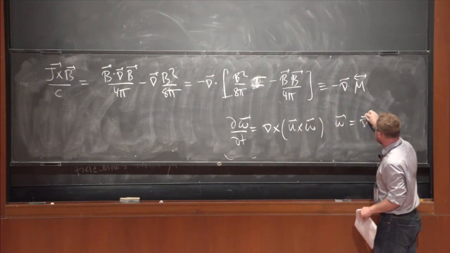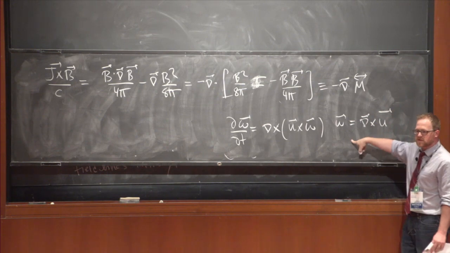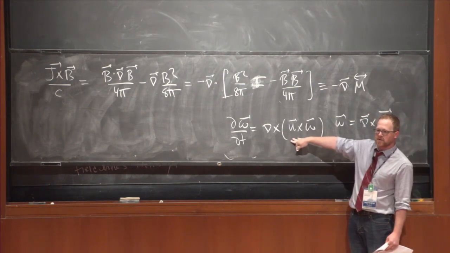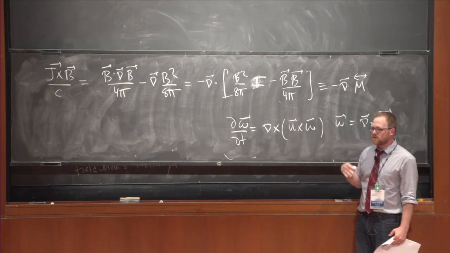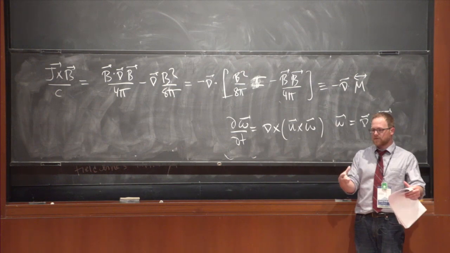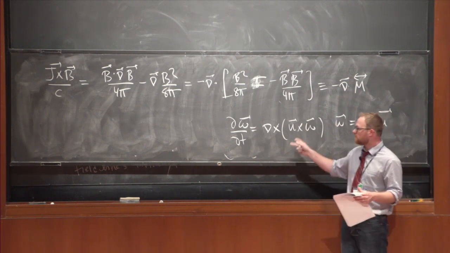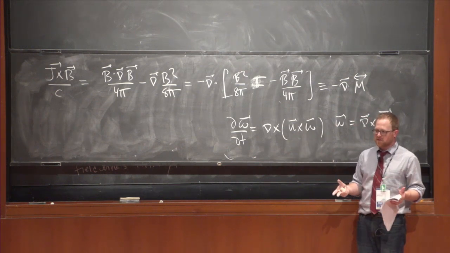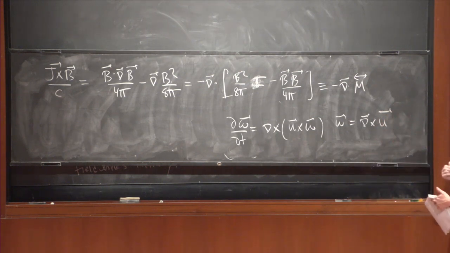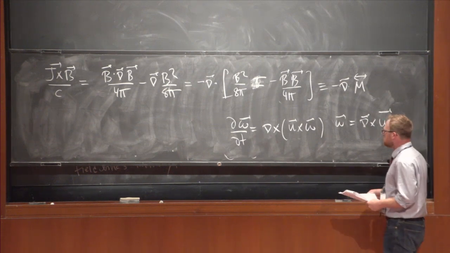If omega is the curl of U, this is called the vorticity, and it satisfies an equation that looks identical to the ideal MHD induction equation. So you have the same sort of principles where the amount of vorticity in a fluid element as it's carried around by some flow is conserved. It's like a Kelvin circulation theorem, and Alfvén's theorem is just Kelvin's circulation theorem for the magnetic field. Doesn't matter if the flow is compressible or not. Yeah. Thanks.